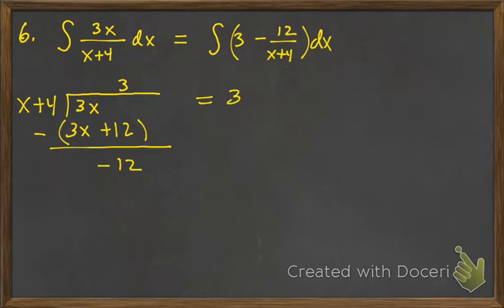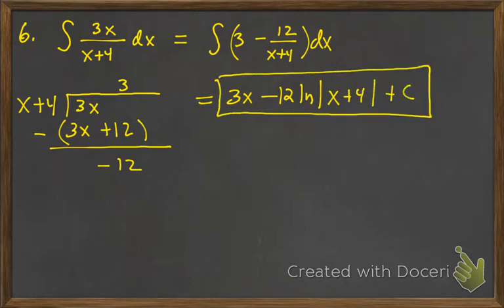So antiderivative of 3 is 3x, antiderivative of negative 12 over x plus 4, that's just going to be negative 12 ln absolute value of x plus 4, and then plus your constant of integration. Of course, you could do that integral separately, the negative 12 over x plus 4, if you needed to.